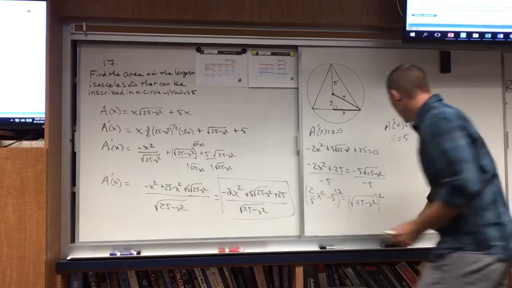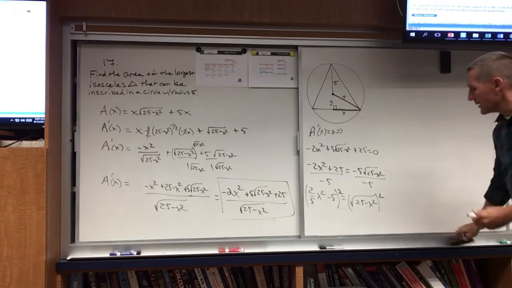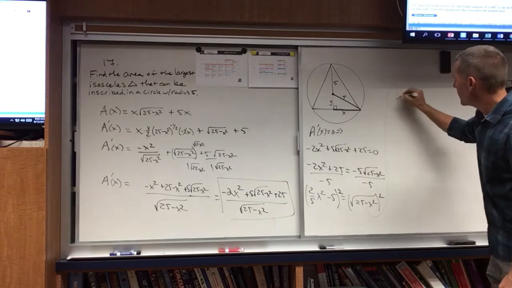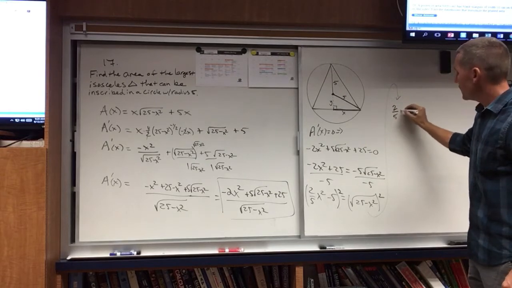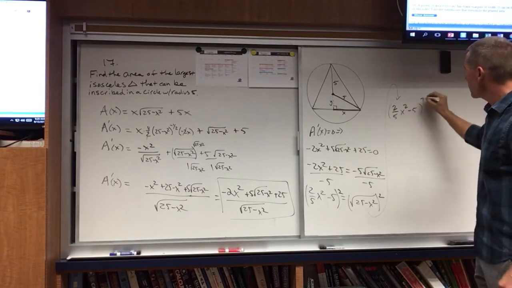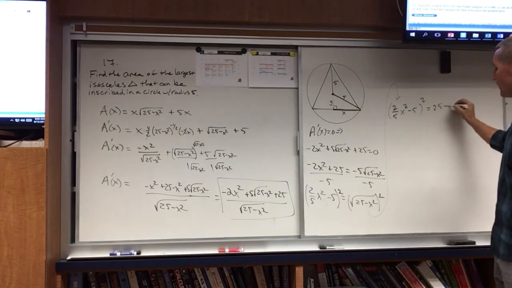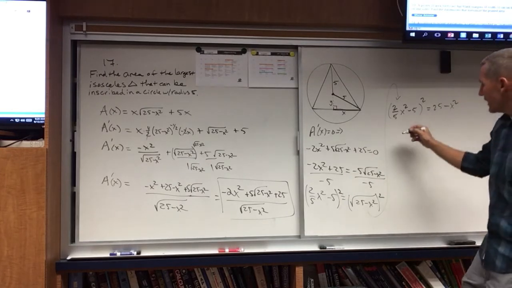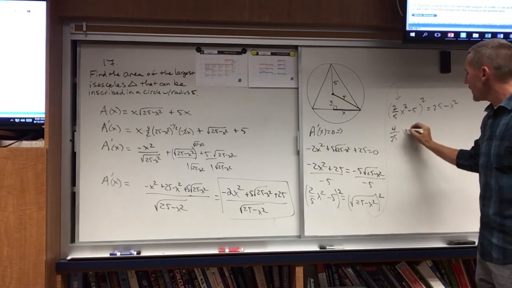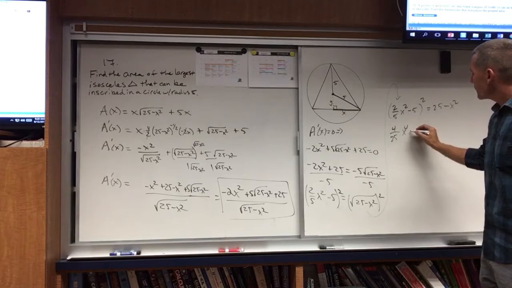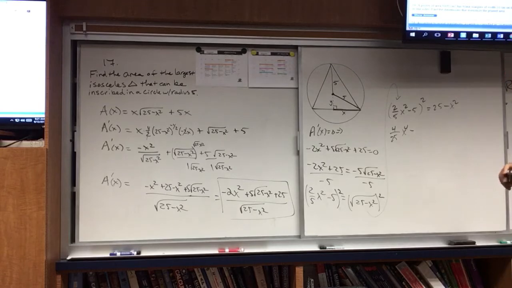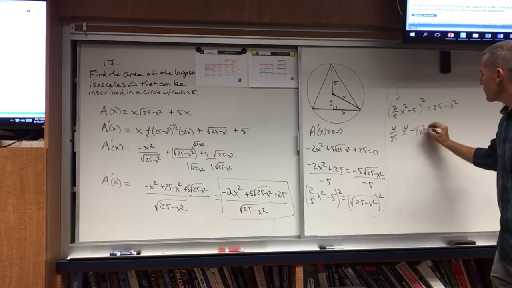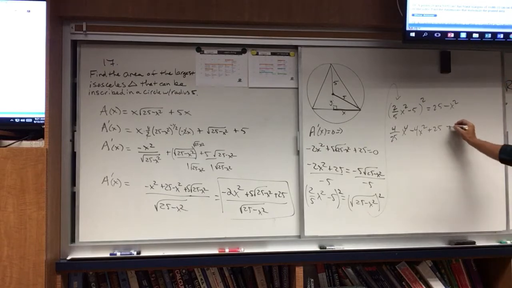to get, and now I'm going to move this just so I can have more screen, right? So I'm going to bring this guy up here, and I'm going to say 2/5 x squared minus 5 quantity squared equals 25 minus x squared. So this is going to give me 4 over 25 x to the 4th minus 2 times that times that. So that times that gives me negative 2 times 2 is negative 4 x squared, and then plus 25 is equal to 25 minus x squared, right?